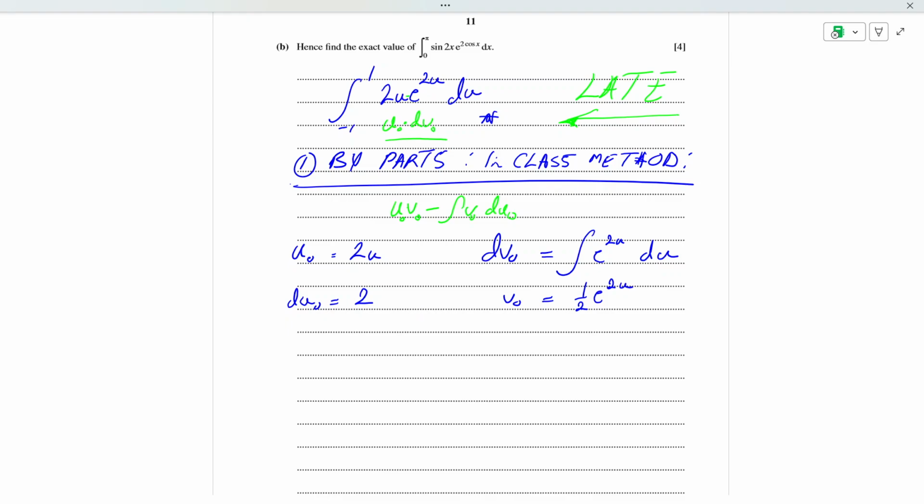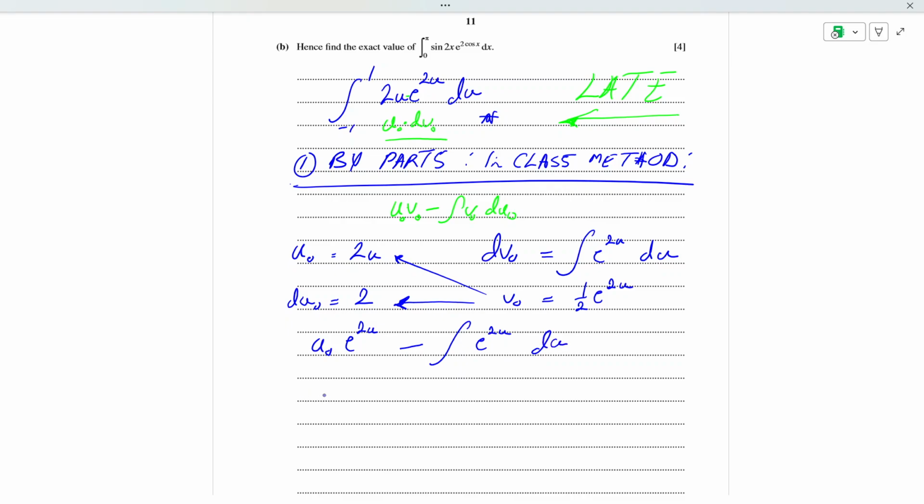Now you want to do your cross multiplication. You're using the formula now, so you end up with u naught v naught minus the integral of v naught du naught, which in this case is the integral of e to the u du.